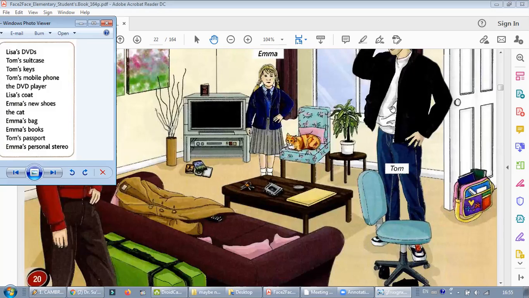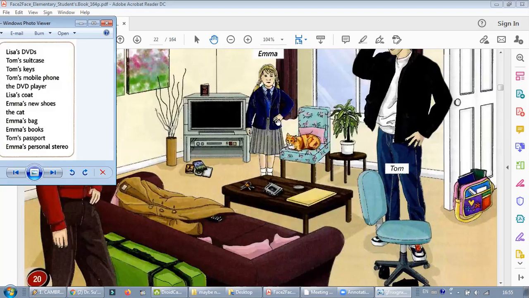And what about Emma's personal stereo, Media? Where's her personal stereo? Next to Tom's keys. So it's on the table next to Tom's keys, in front of the sofa, right? Yes. So the idea here, of course, you can use more than one way.